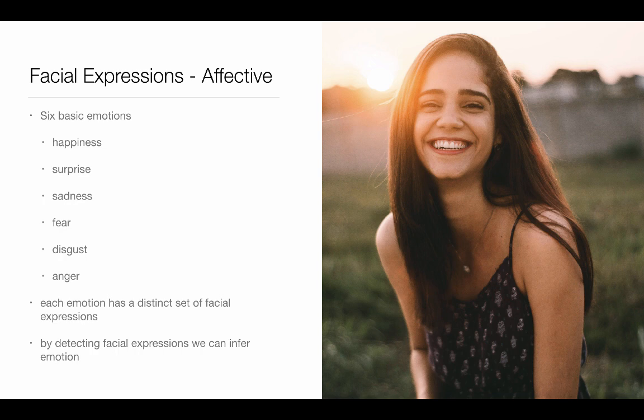However, that's not how real life is. Quite often we'll have an emotional state that doesn't match what our face is showing. When I'm teaching a lecture in class, lots of times students will look at me with a glazed over look. It may not be that they are bored, it may not be that they are tired, it may not be that they're not paying attention. Instead, it might just be that they're really concentrating hard, but I'm misinterpreting that. And we do this all the time.